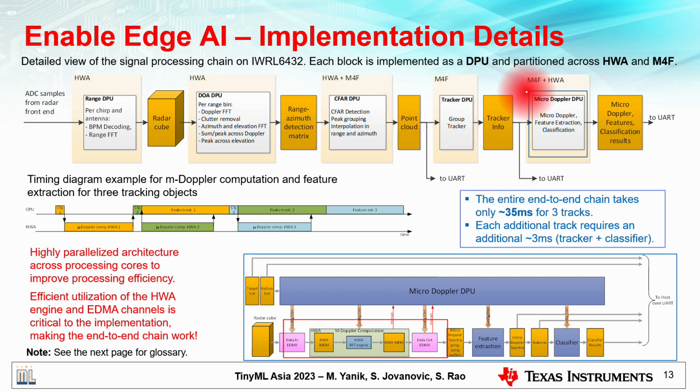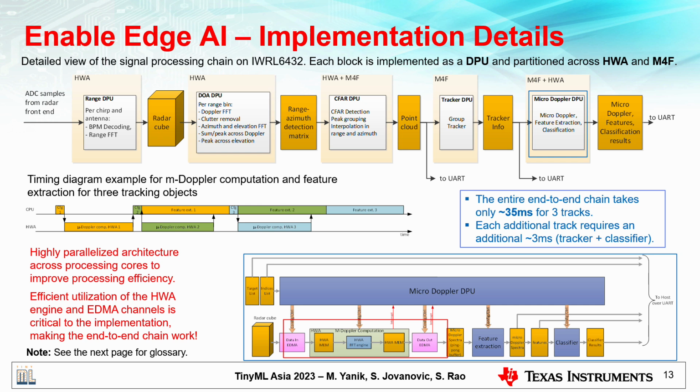And one important thing is to make this whole thing work in real time on this tiny device. We parallelized everything that we can. For example, we have a CPU ARM core and a hardware accelerator, so we parallelized the processing blocks at each DPU to make this implementation as efficient as possible. Also, as discussed in some of the previous slides, data movement is an important bottleneck.